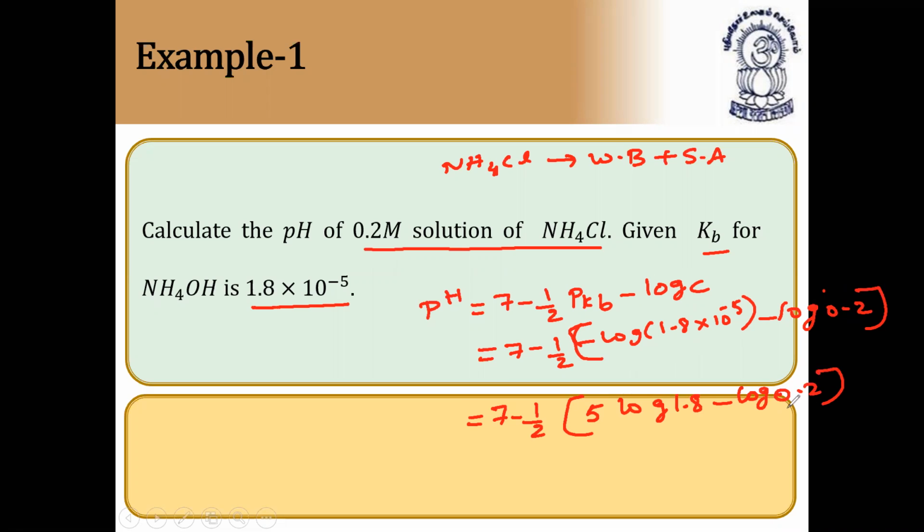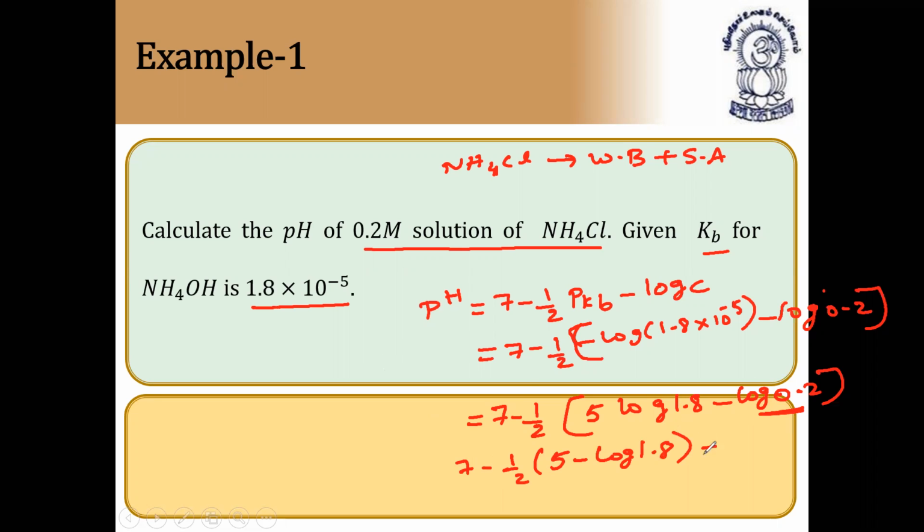Since log 0.2 is less than 1, because log 1 is 0, this can be neglected. So straight away log 1.8. Since already we know that, this is 5 minus log 1.8, that is 7 minus 1 by 2 into 5 minus log 1.8.